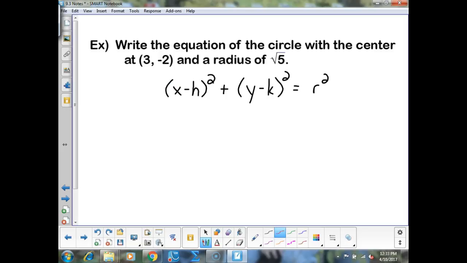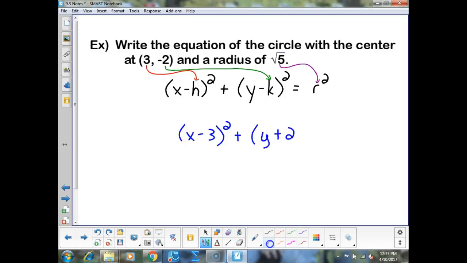Okay, so 3 is h, -2 is k, and the square root of 5 is r, right? So my answer here should be x minus 3 quantity squared plus y plus 2 quantity squared, because it's minus a negative, equals 5.